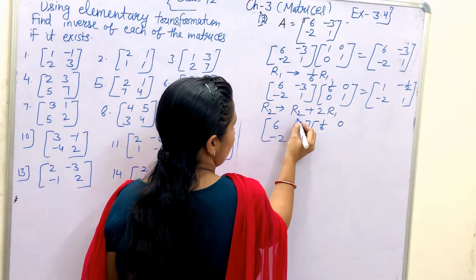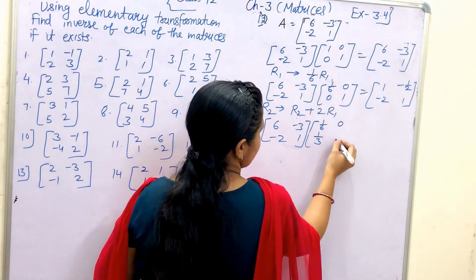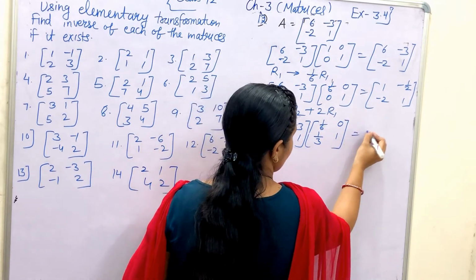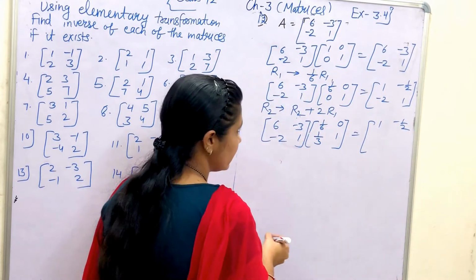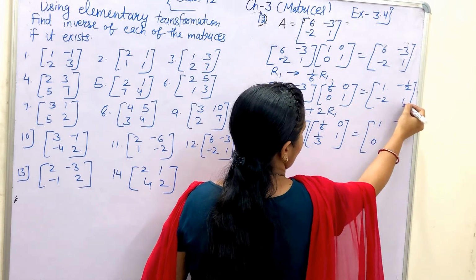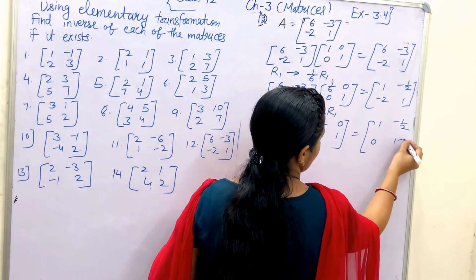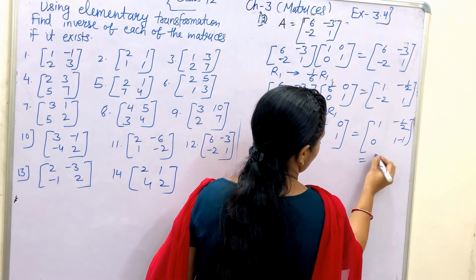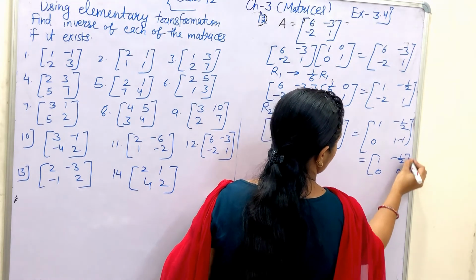R2 is R2 plus 2 R1, that is 1 by 3 and 1. Here we get 1, minus half. Minus 2 plus 2, that is 0. 1 plus minus 1. So it becomes 1, minus half, 0, 0.